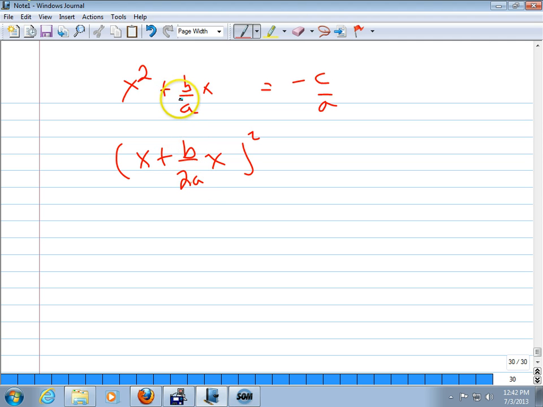If I FOIL this out, I get x squared. I get bx over 2a plus bx over 2a is bx over a. But then I also get, last times last, b over 2a times b over 2a. What's b over 2a all squared?